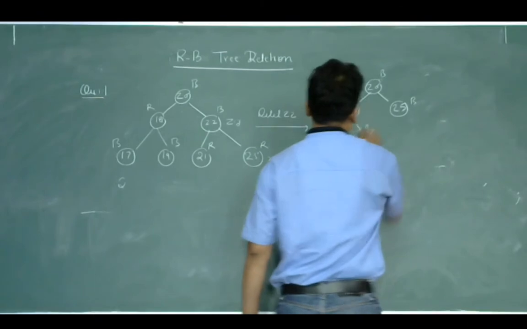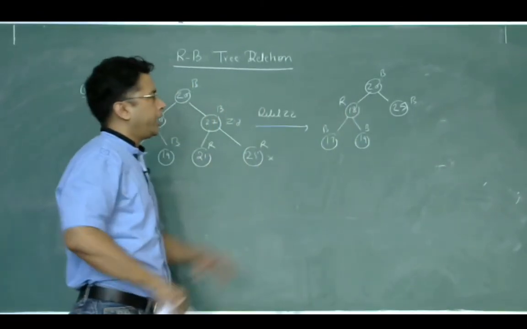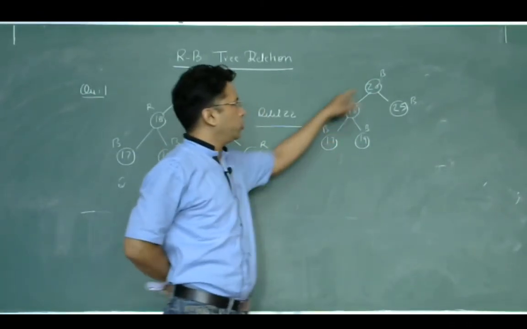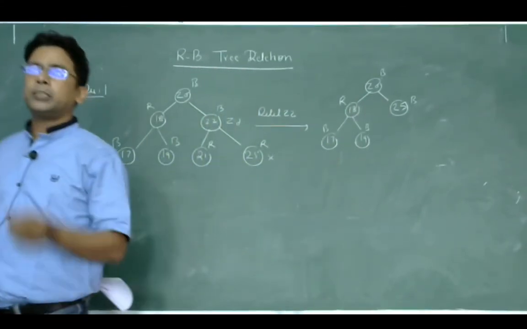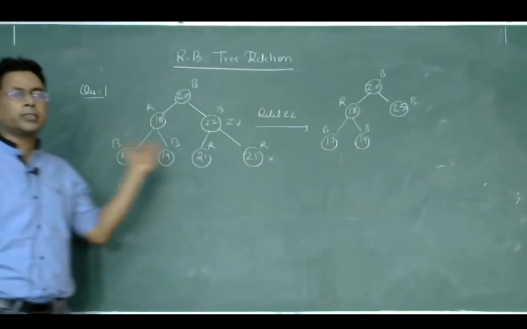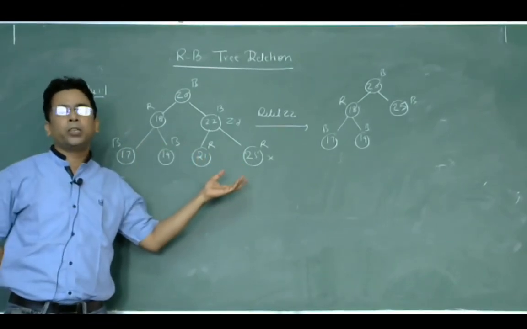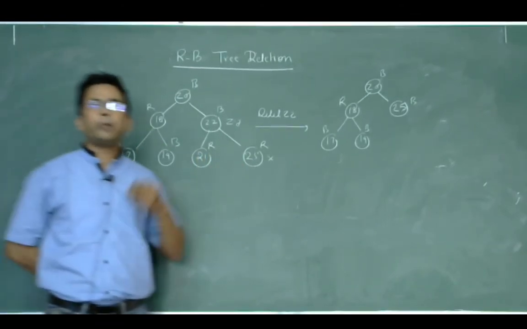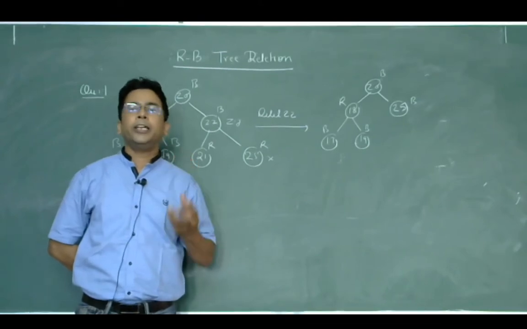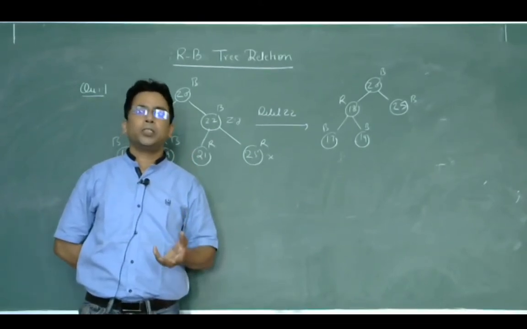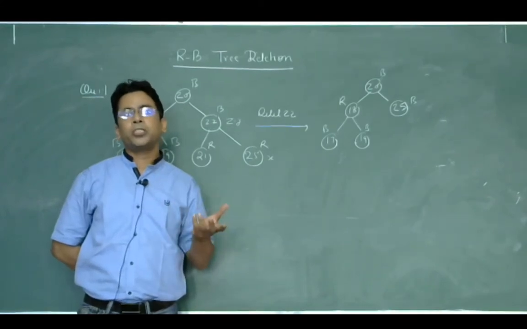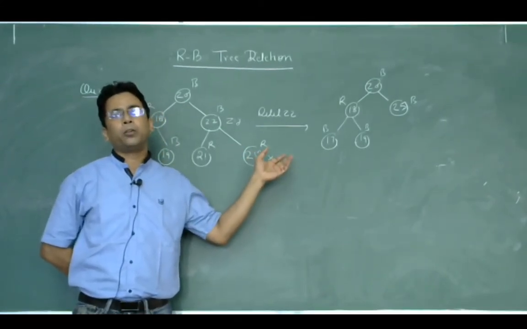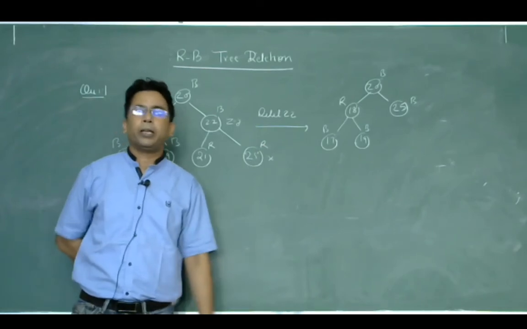You can verify this by checking the black height: here the black height is equal to 2, here it is equal to 2, and here it is equal to 2. So this is the simplest case, in which the replacing node is red. Simply replace the deleted node by its successor. If its successor is red, you need not run the fix-up procedure; just replace that node and color it black.